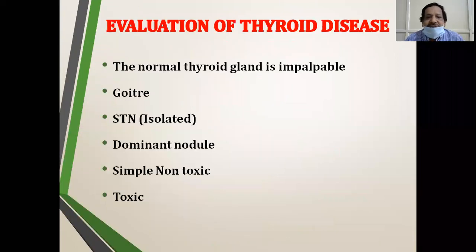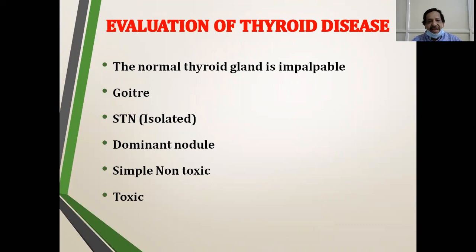When somebody comes with a thyroid disease, how does the evolution take place? The normal thyroid gland is impalpable. That means in a normal individual, the thyroid gland is not palpable. When the thyroid gland is palpable or seen, it is known as goiter.